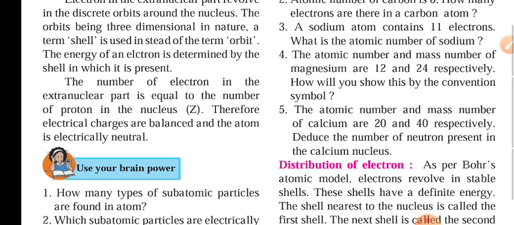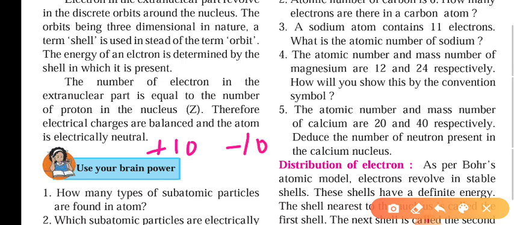Suppose 10 protons are there and 10 electrons, so 10 positive and 10 negative. If I have +10 and -10, the total is going to be 0, and that's why atoms are electrically neutral.